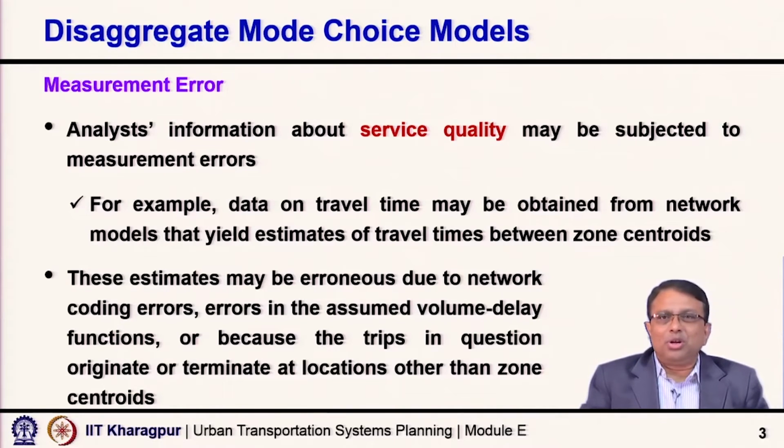Again, this is not because the utility maximization principle is in question, but because of this measurement error. This is something which may come and is probably unavoidable. You cannot say that in my model there is no measurement error. It is quite possible that there would be some measurement error.